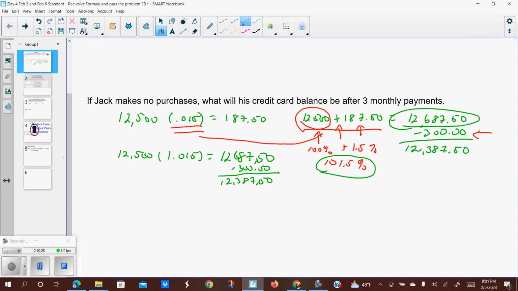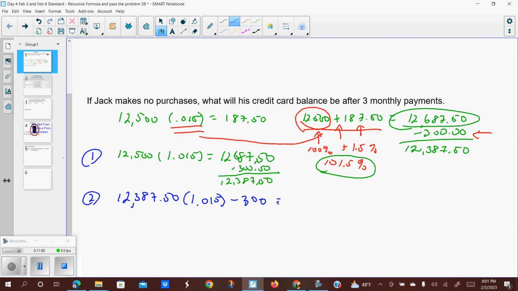We're going to go ahead and finish this off by going 12,387.50. This will be month 2. We'll call this one up here month 1. They're going to charge us the interest. So we're going to have the original amount. That's the one part. And then the interest is 0.015. And then we have to subtract 300 because we're going to make a $300 payment.